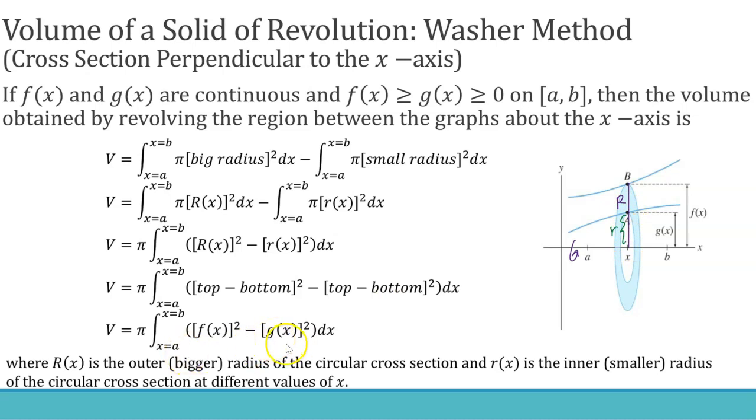So the formula for this setup is pi times the integral from x equals a to x equals b of f of x all squared minus the quantity g of x squared dx. So again, capital R of x is that outer, bigger radius of the circular cross-section, and lowercase r of x is the inner or smaller radius of the circular cross-section at different values of x.